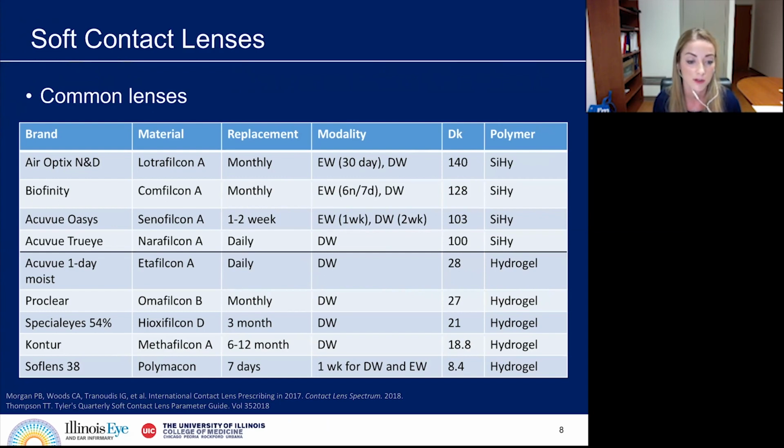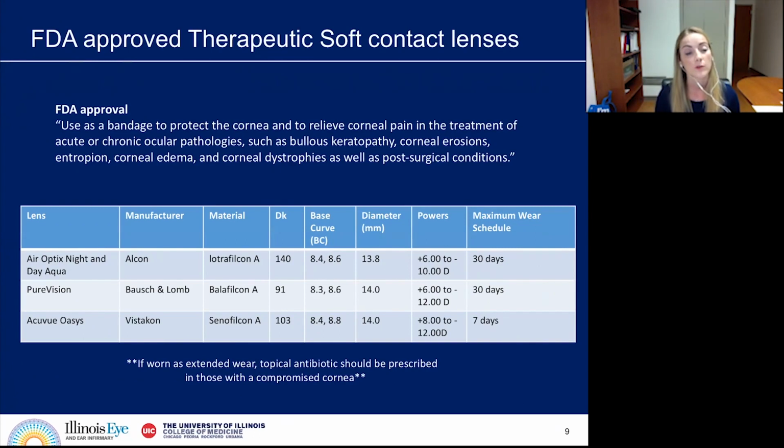The FDA, or Food and Drug Administration, does approve these lenses for a specific replacement period. In extended wear, you'll notice even with the Biofinity, they recommend 6 nights and 7 days on, with the lens being good for a week rather than a month. So the Food and Drug Administration has to approve a contact lens to be used as a therapeutic.